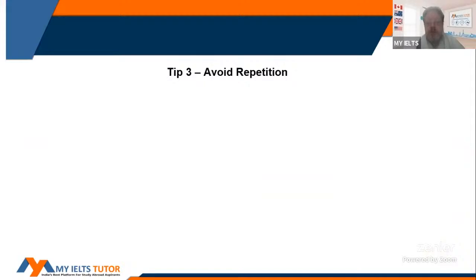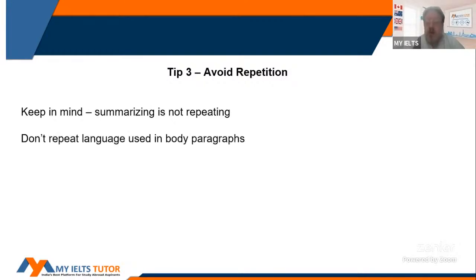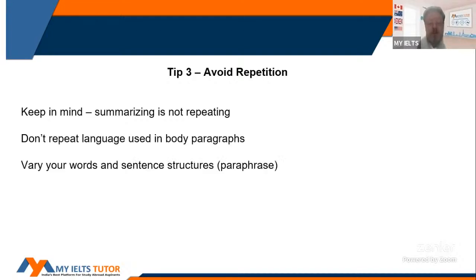Now, tip 3, avoiding repetition. All right. Keep in mind, summarizing is not repeating. The reason why is you're not going to repeat the language used in the body paragraphs. You want to vary your words and your sentence structures. So this means you paraphrase. I've talked about paraphrasing before.